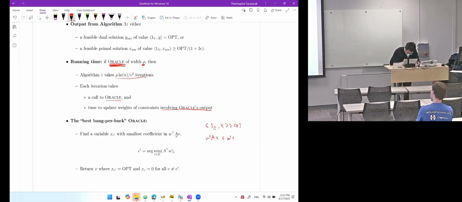We have that AX here is just, for every node V, the sum over edges E containing V. This is AX, and when you multiply by W, this is just a sum over all nodes. If I rearrange, you can write it like this.